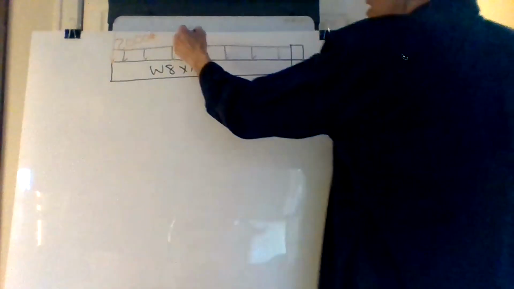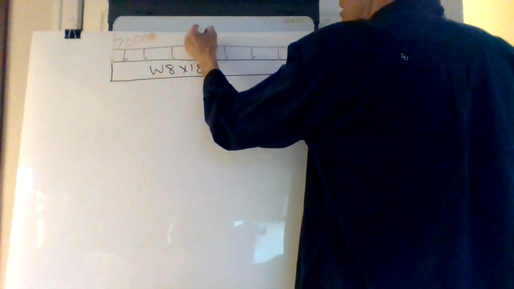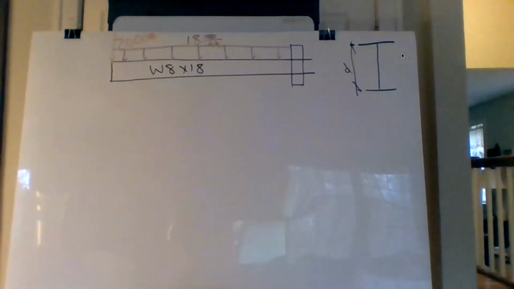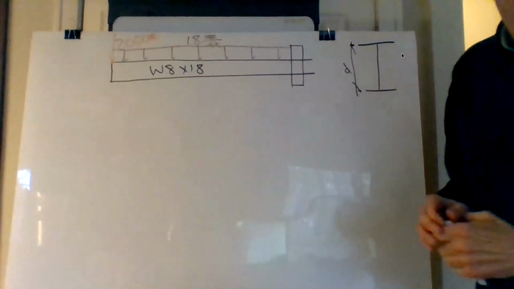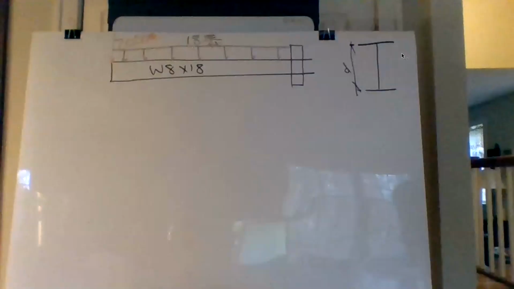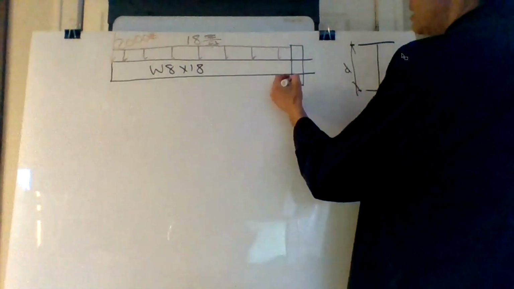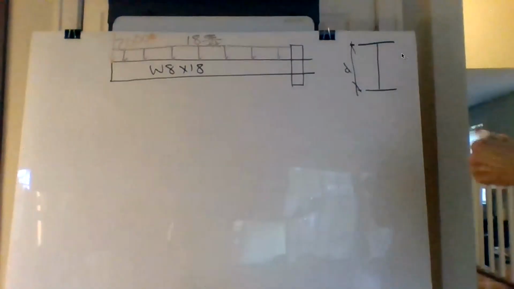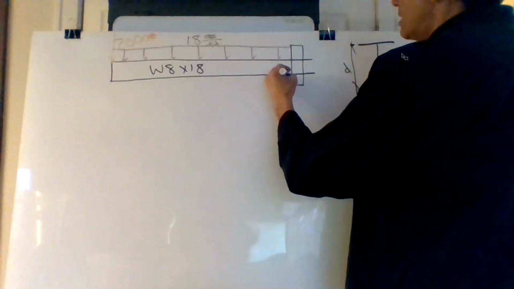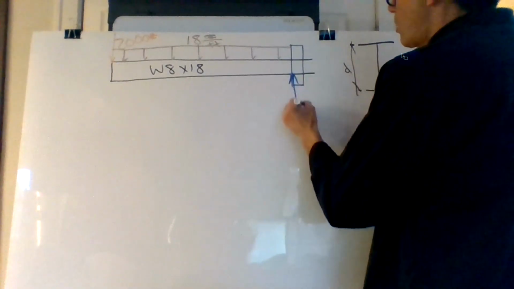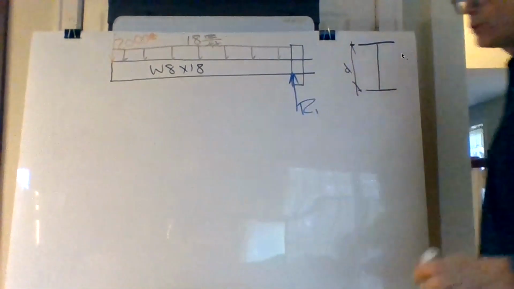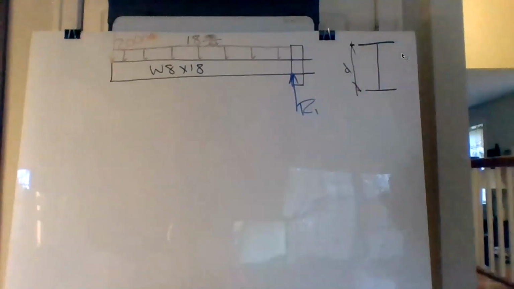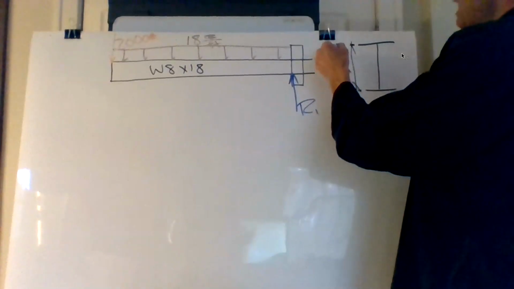Okay, 18 PLF. Do they give it a... they don't. So we're going to say this is R1. And there's only one reaction, but there is a built-in moment carrying capability.